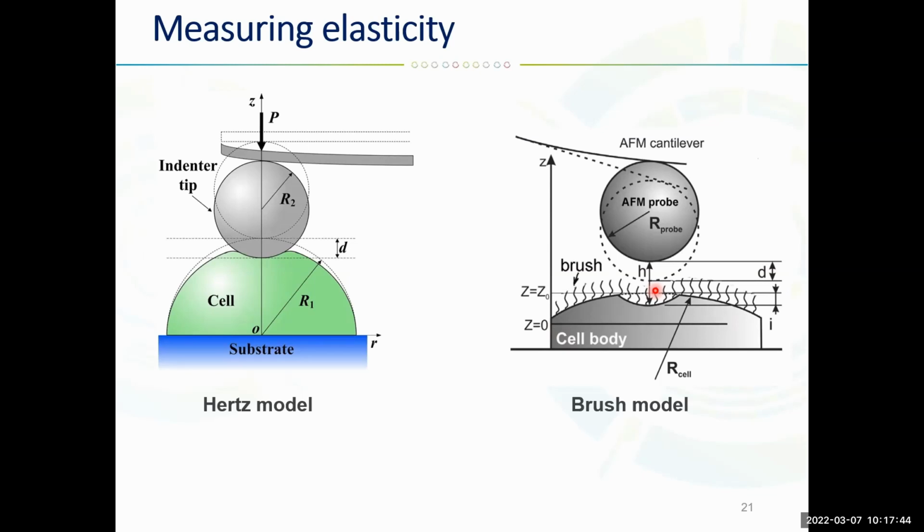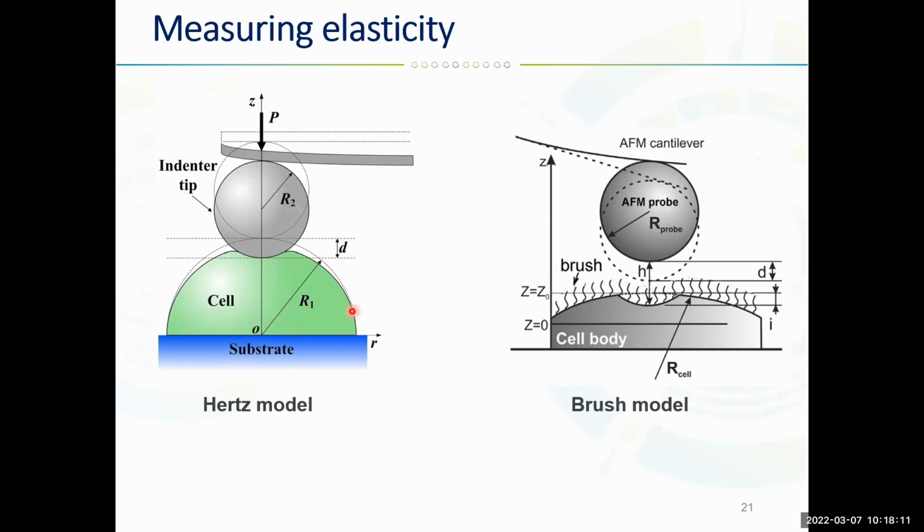And the thing is that when you use this kind of model, it gives you a somewhat different modulus. For example, when you use the Hertz model, the average Young's modulus of the cells is about 0.4 kilopascal. At the same time, the values derived from the brush model are about 2 to 3 times larger.